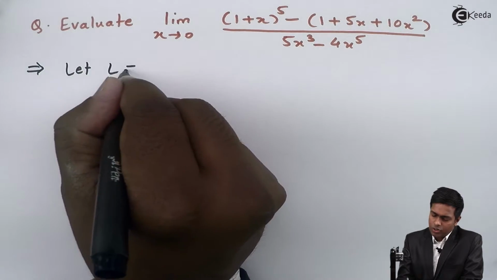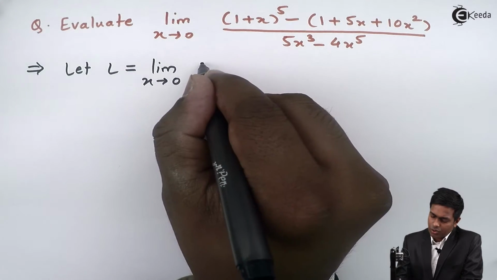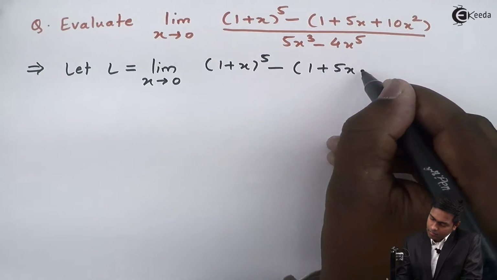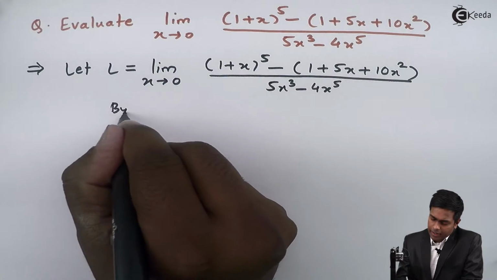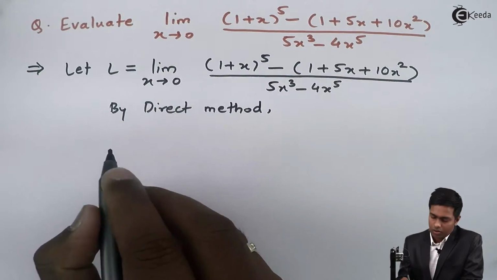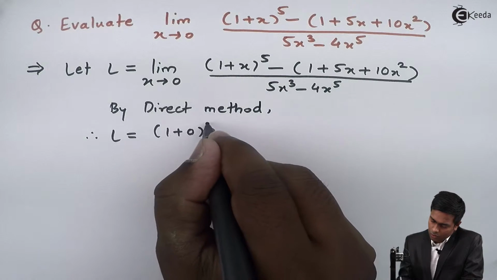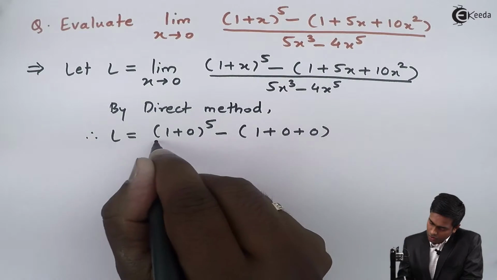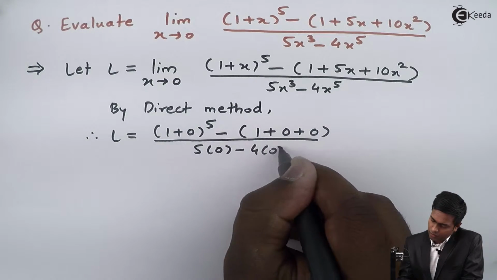For that I will assume this given limit as L, that is limit x tends to 0 of (1 plus x) raised to 5 minus... Now by direct method we'll get L as (1 plus 0) whole raised to 5 minus (1 plus 0 plus 0) upon 5 into 0 minus 4 into 0.